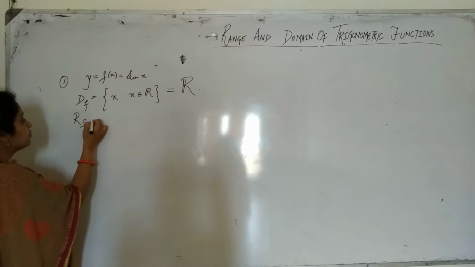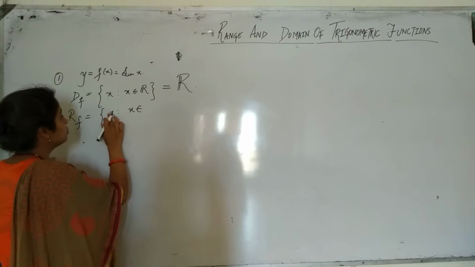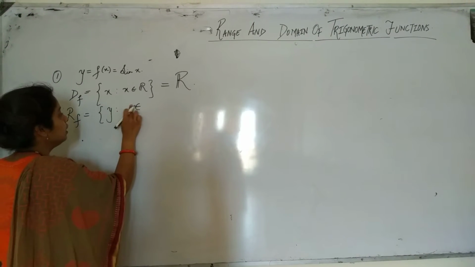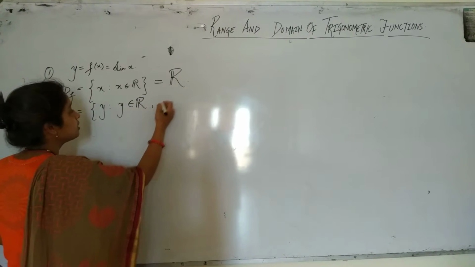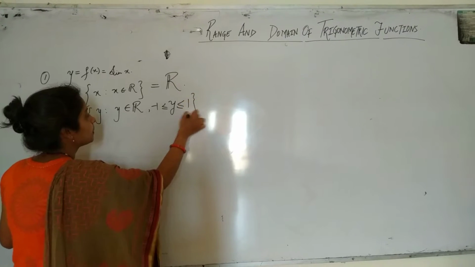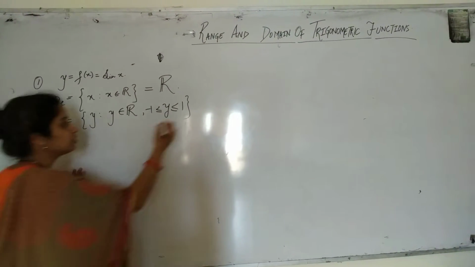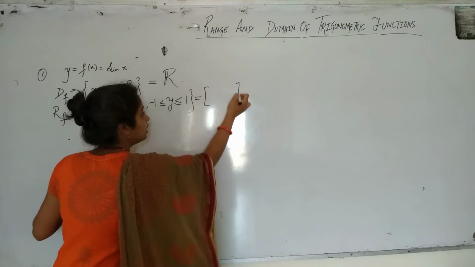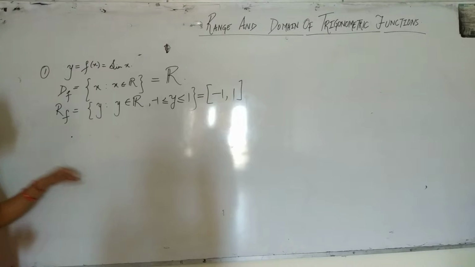Then the range of this function is y such that y belongs to the set of all real numbers and y always lies between -1 and 1. This is the range set of the sin x function. In short, I can write it in roster form, that is the closed interval [-1, 1].